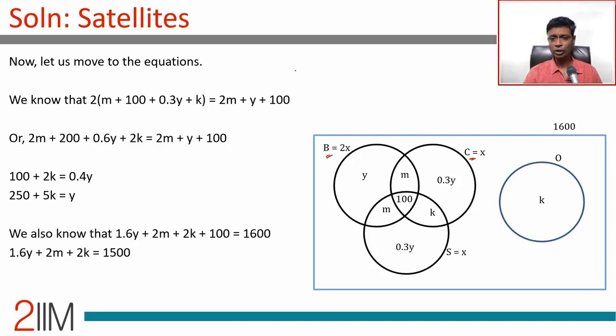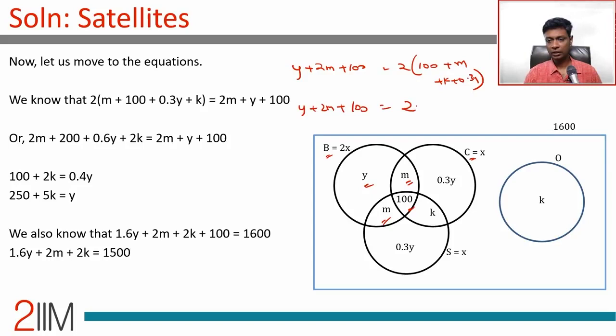And so we know that Y plus 2M plus 100, Y plus M plus 100, is 2 times 100 plus M plus K plus 0.3Y. Wonderful. So Y plus 2M plus 100 is 200 plus 2M plus 2K plus 0.6Y.